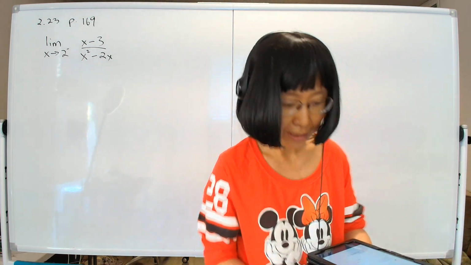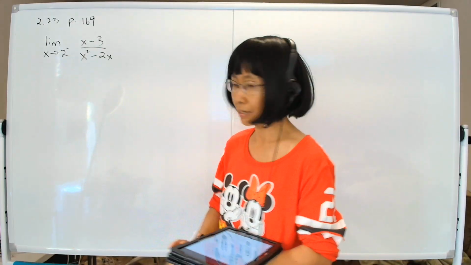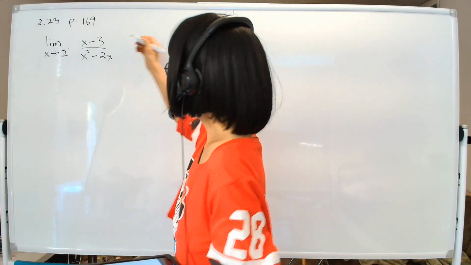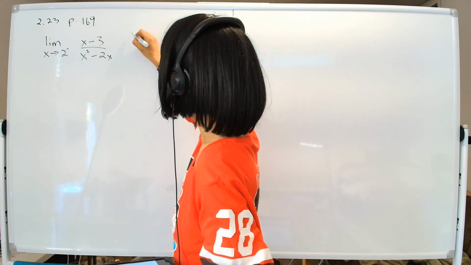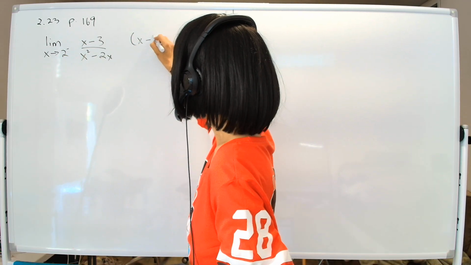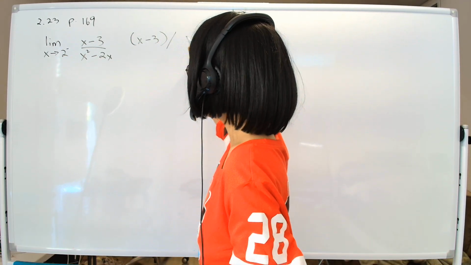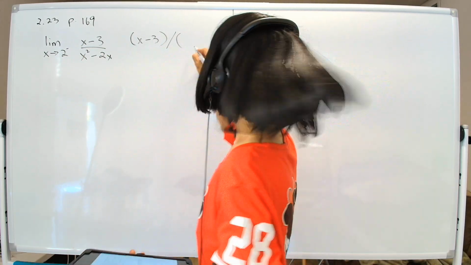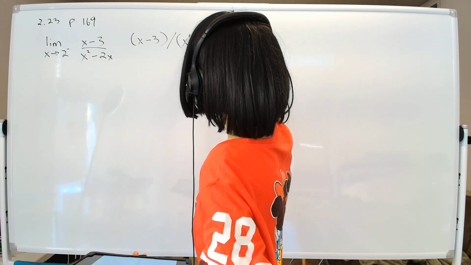I should mention the way you type it in. You type in everything in parentheses. Here's how you type: parentheses x minus 3 close parentheses divided by x, parentheses again, x raised to the power.